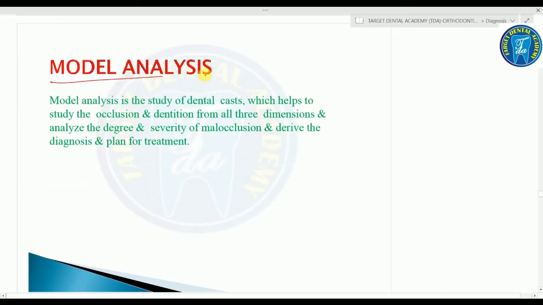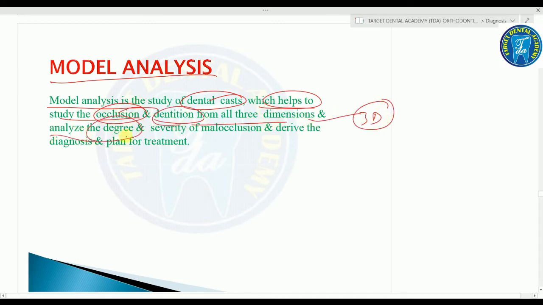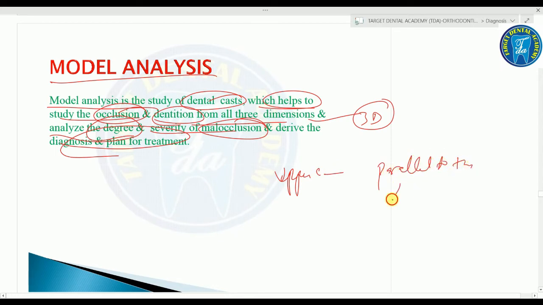So next is the model analysis. The model analysis is the study of the dental cast, which helps to study the occlusion and dentition in all 3 dimensions, analyze the degree and severity of the malocclusion, and derive the diagnosis and the treatment plan. See, in this, your upper cast should always be parallel to the lower cast.